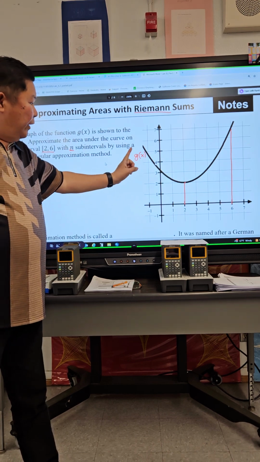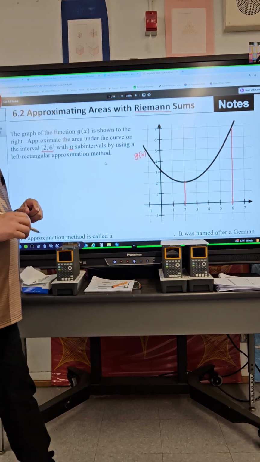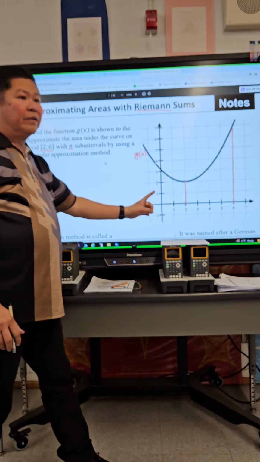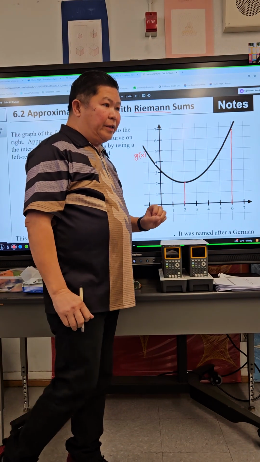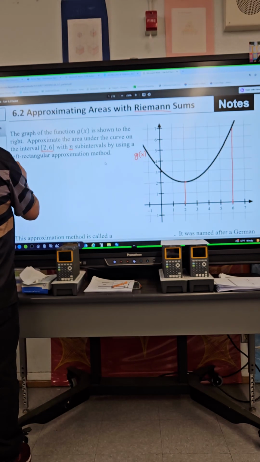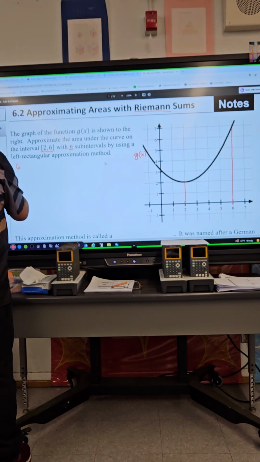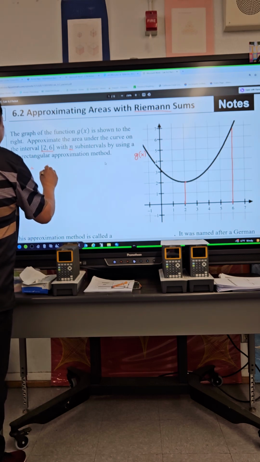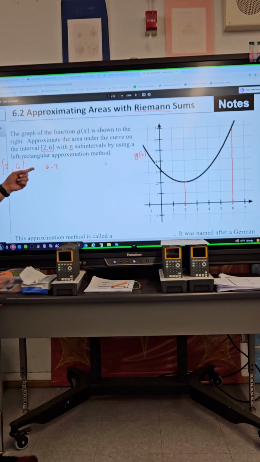Our b is 6, and a is 2. Therefore, given the interval 2 to 6, this could be 6 minus 2, right?